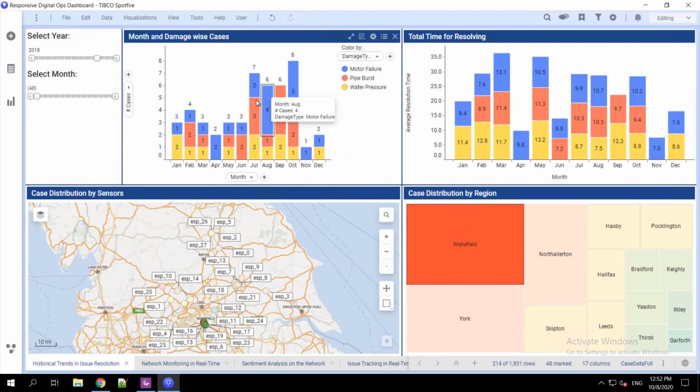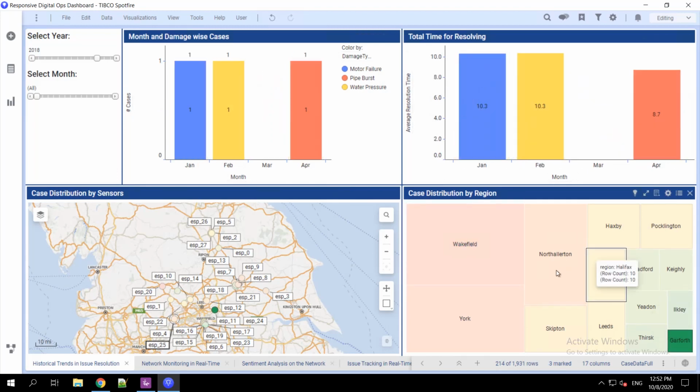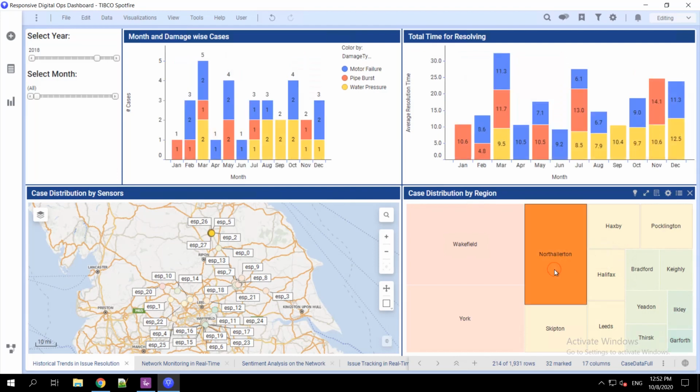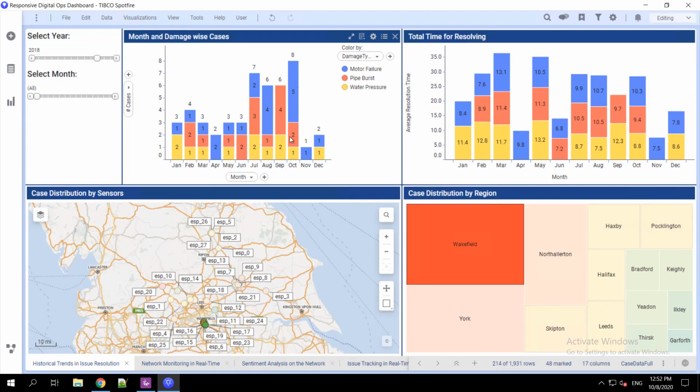I can see that in this region more cases are logged from July to October, mostly around motor failure. I can select any region to see what is happening in that region: how issues are getting raised, how they are getting resolved, and what the time for resolution is.